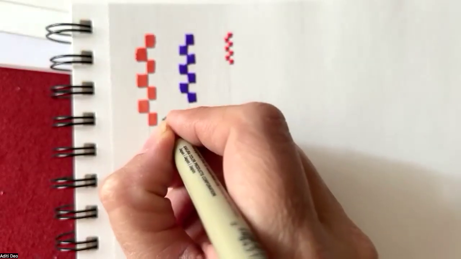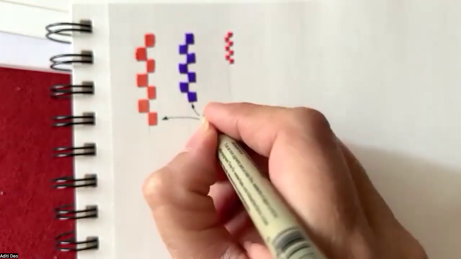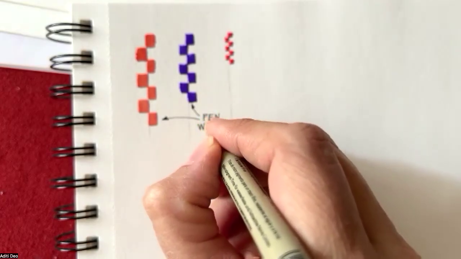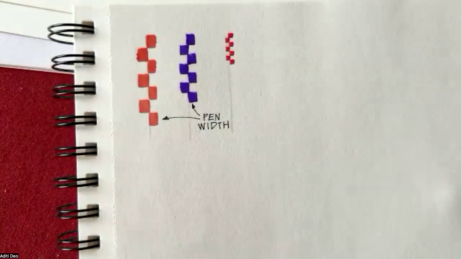So these are called pen widths, and you actually measure the scale in pen width or height if you want.